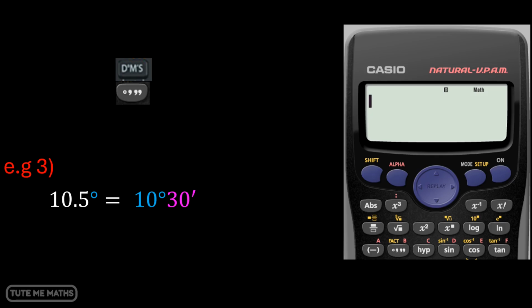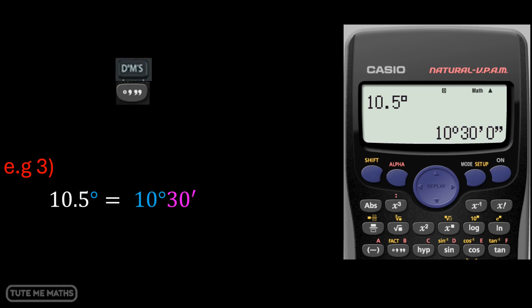I am demonstrating on this Casio calculator. Yours might respond differently or have different buttons, so be sure to refer to your user manual. We simply type 10.5 and tap the degrees minute second button, giving us 10.5 degrees on the screen. Now press equals. Simple. The 0 seconds on the end confirms that it is exactly 30 minutes with 0 seconds.